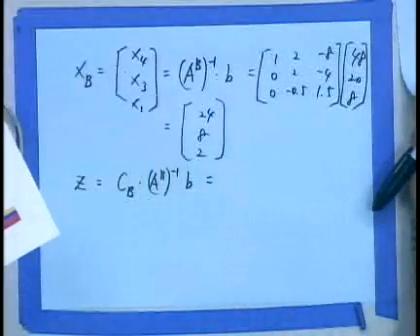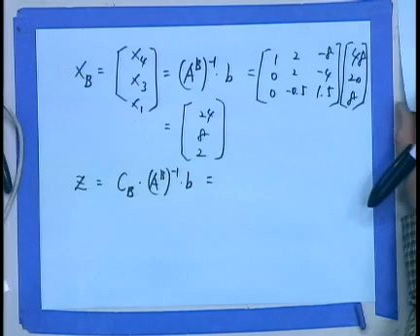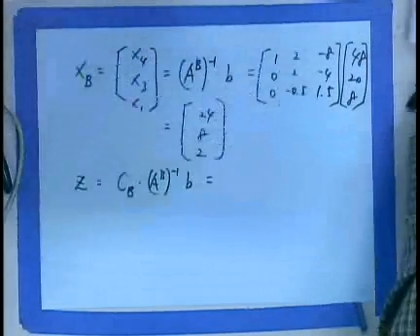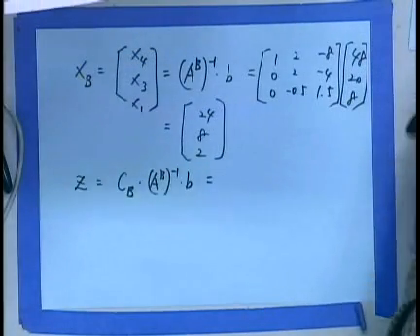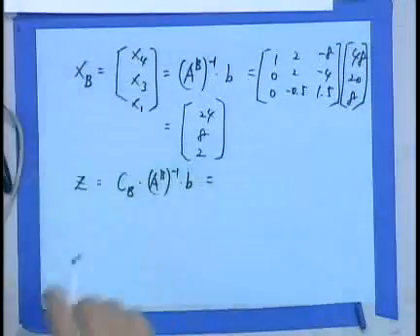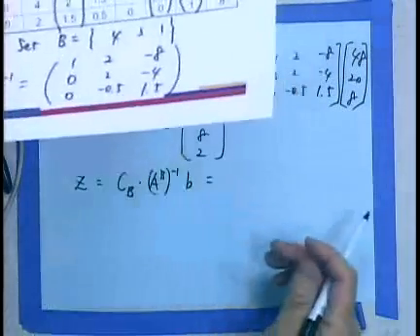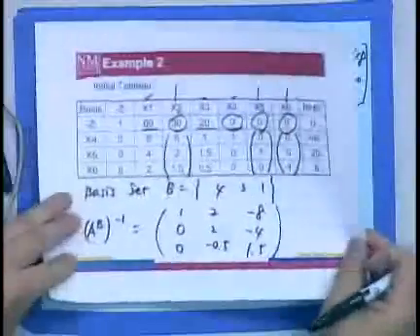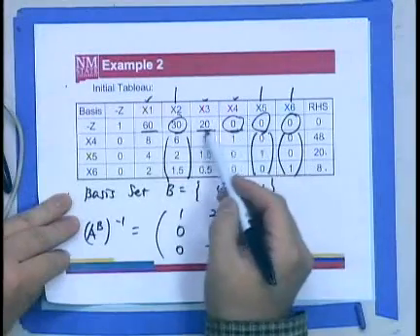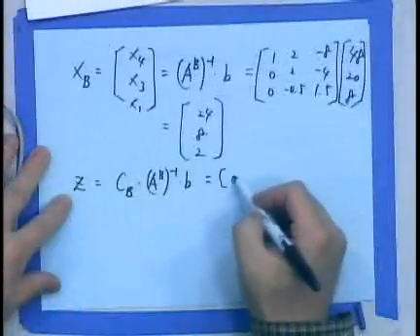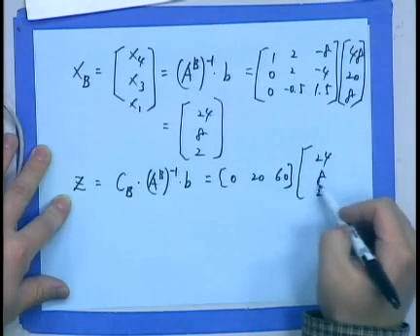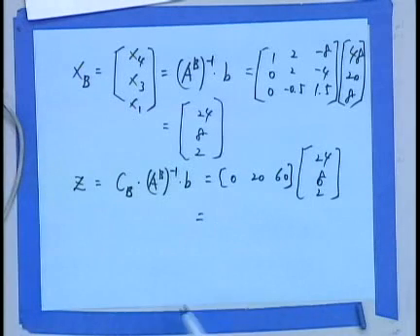How come I have 0, 10? The current basis is x4, x3, x1, right? So 0, 20, and 60 times this value, 24, 8, 2, right? This must be 280, okay?